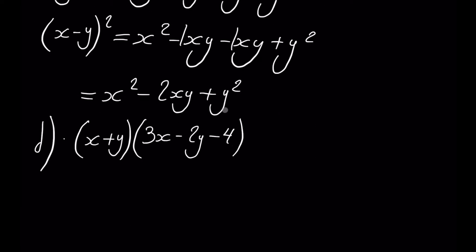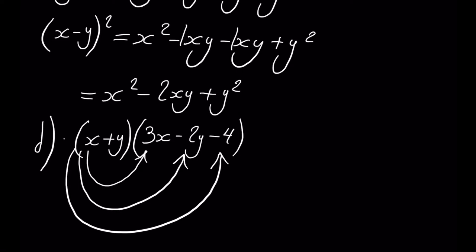We've now got 3 terms in the second expression, but the same rules apply. We multiply each term in one expression by all the terms in the other expression. So just like before, we'll do x multiplied by 3x, x multiplied by 2y, x multiplied by minus 4, y multiplied by 3x, y multiplied by 2y, and y multiplied by minus 4.